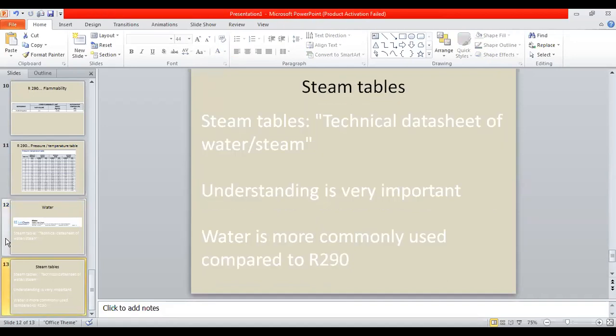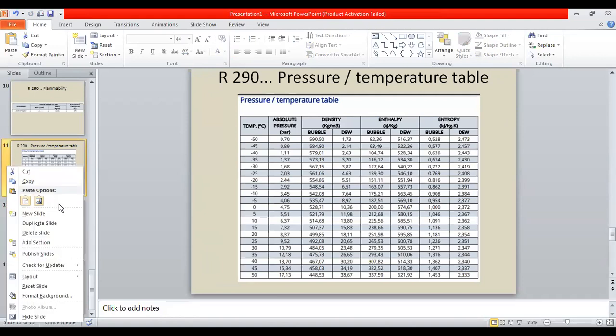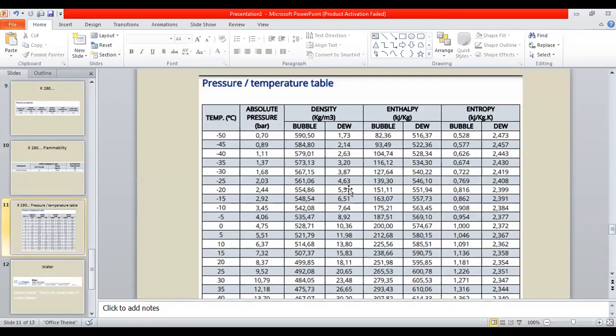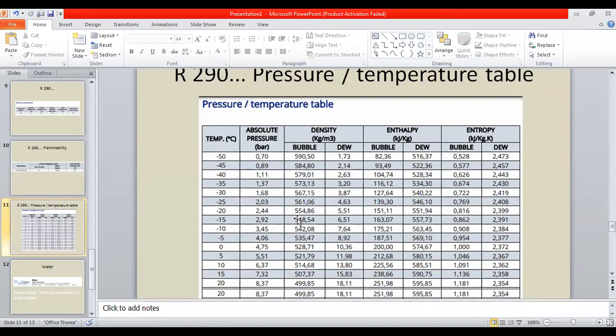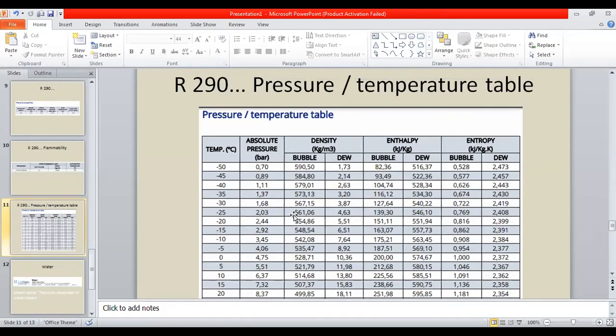So in this R290 pressure-temperature table, you will see more than pressure and temperature.